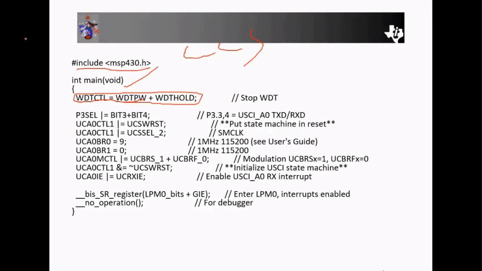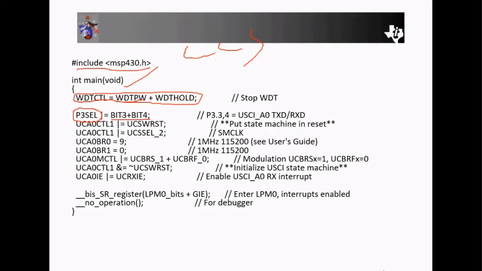Okay. Now next, come to the next line, port select. This is P3SEL. It means that this is selecting port 3. This is the OR operation equal to BIT3 plus BIT4, meaning port 3 is selected.